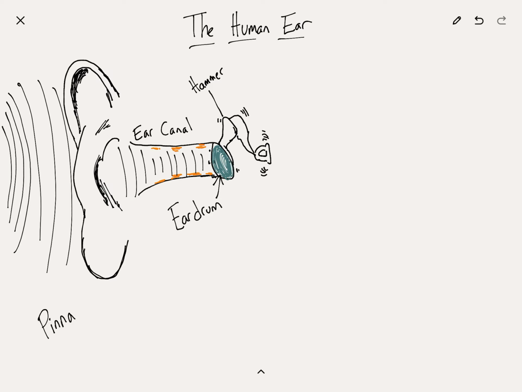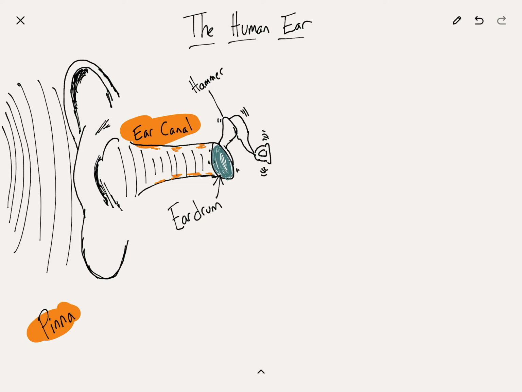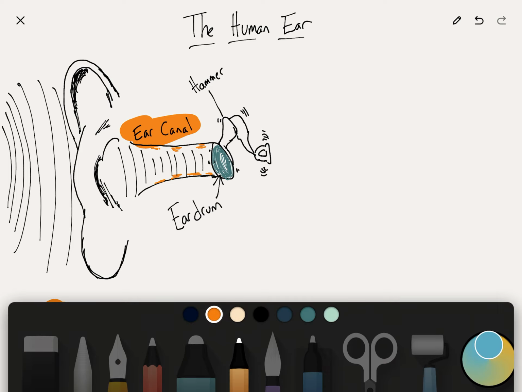Now this, the pinna, let's do this. The pinna and the ear canal are what we would call the outer ear. Okay.